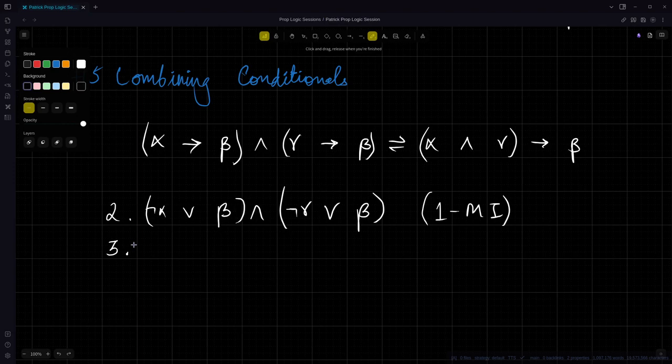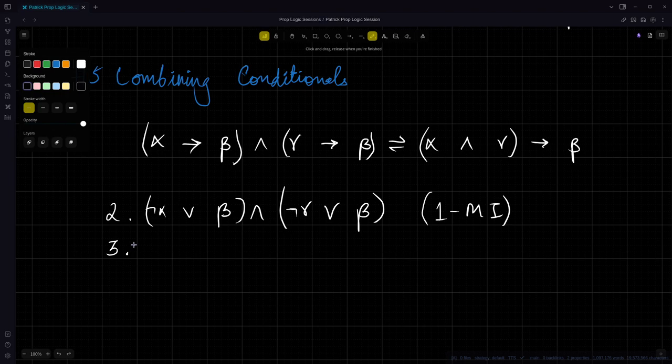What are you thinking? Well, we have two brackets, so I would guess the only ones with two brackets we have are material equivalence or distribution. So I'm guessing it'll be distribution. Yep.